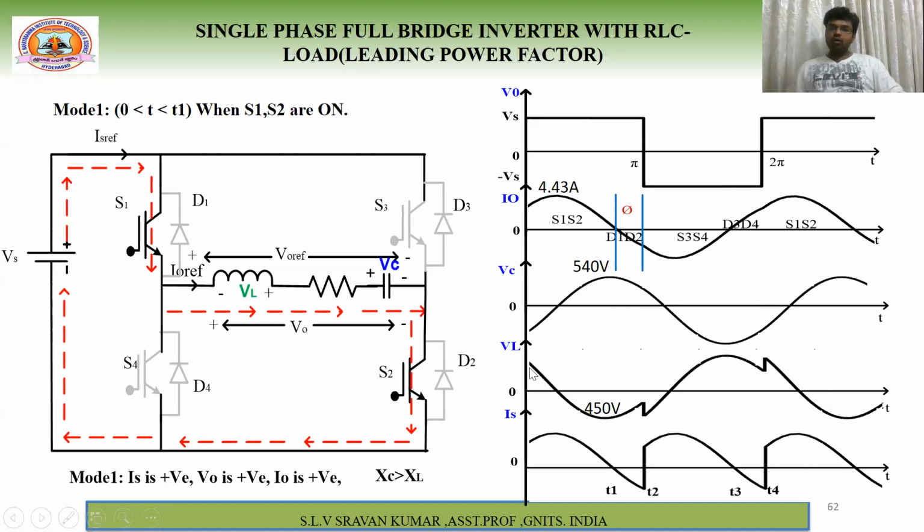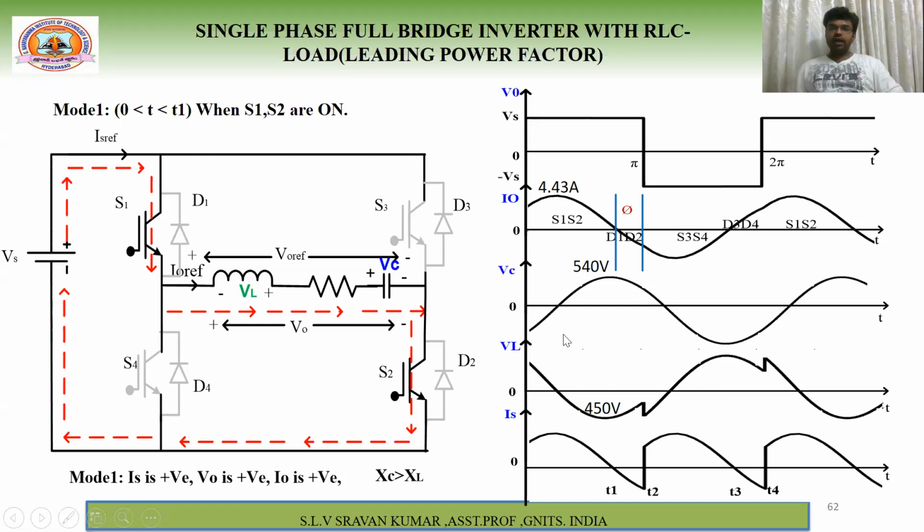Now for the voltage across the inductor: whenever this is maximum, the other is zero, and whenever this is zero, it is maximum. Again, whenever this is maximum, this will be zero. Then how do we draw the voltage across the inductor? The phase difference is 90 degrees, but the current lags the voltage by 90 degrees.